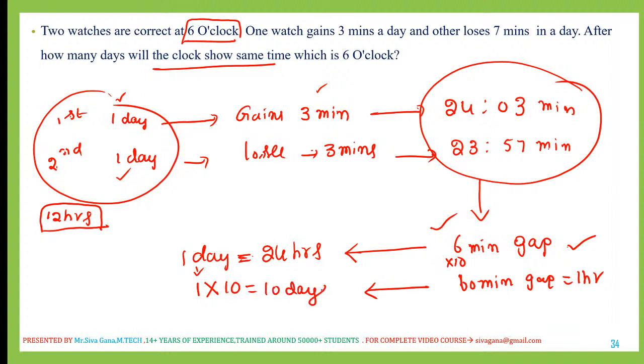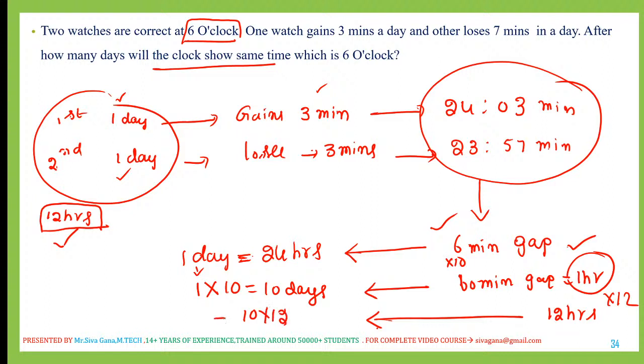So in 10 days, the time gap is 1 hour, but we need a time gap of 12 hours. So multiply with 12. 10 into 12 is 120. So after 120 days, these two clocks again show the same time.